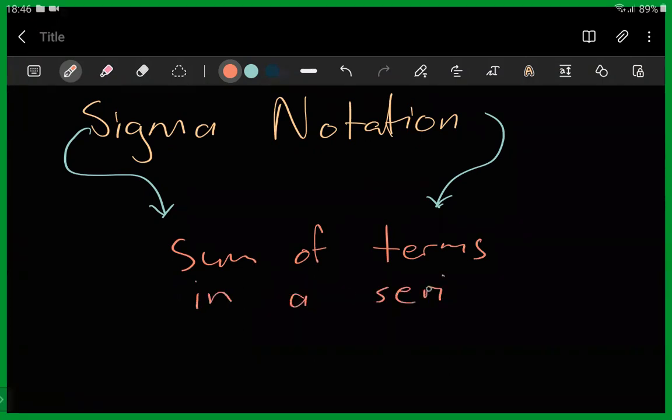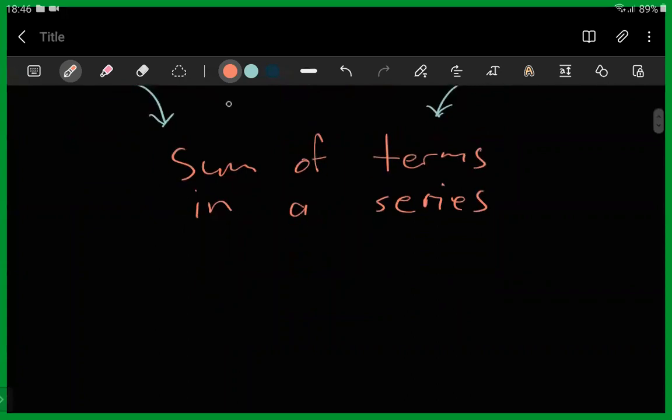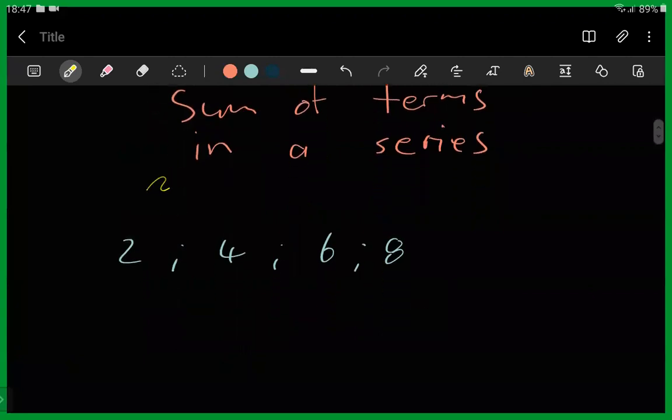So the idea is a number pattern, right? Like 2, 4, 6, 8, going onwards. They will call this a sequence because of how it is spaced out. The moment it has semicolons here, they call this a sequence.